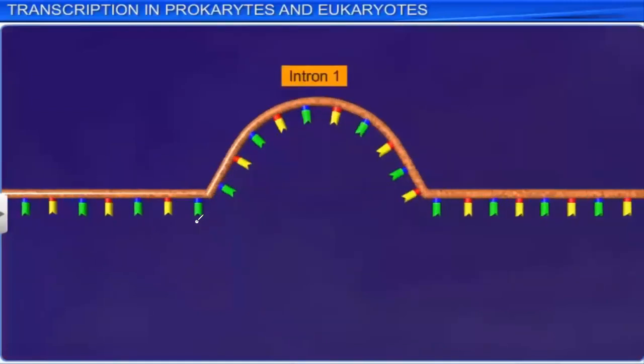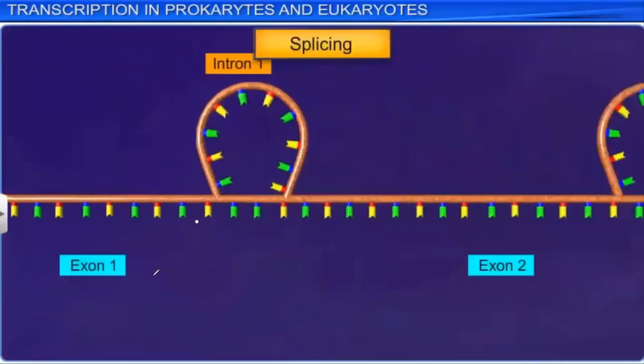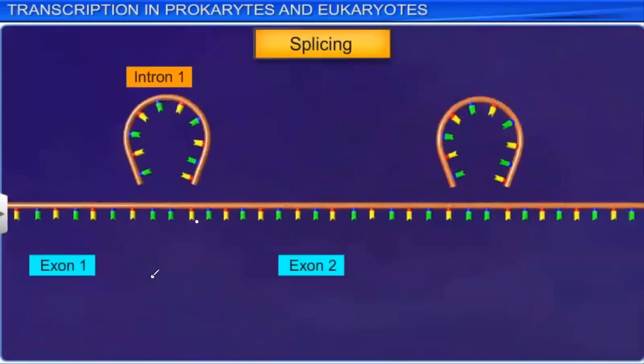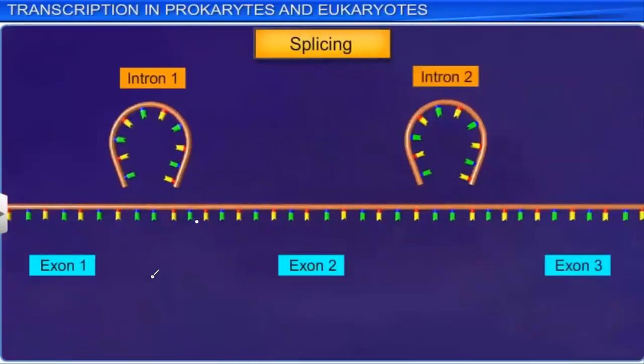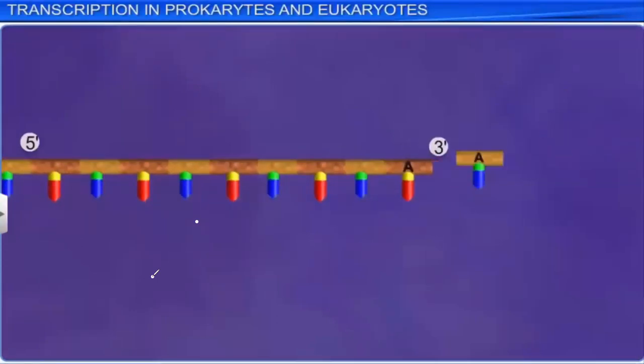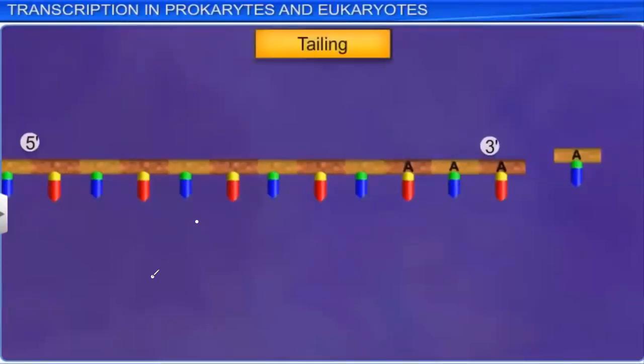The next process is splicing, in which the introns are eliminated and exons are joined in a specific order. Finally, in the tailing process, about 200 to 300 adenylate residues are added to the 3' end of the hnRNA in a template-independent manner, giving rise to a poly-A tail.